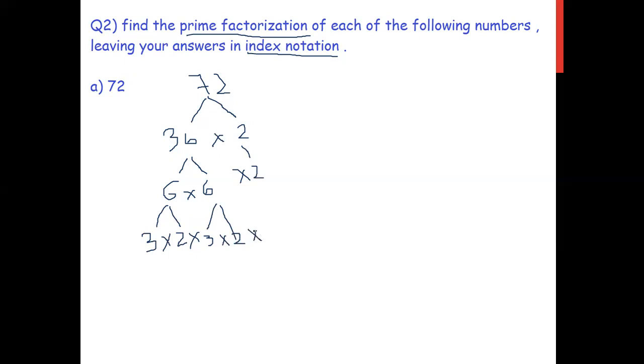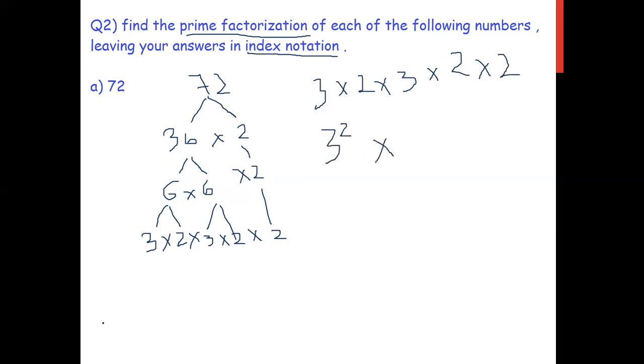So now let's multiply. Let's take this 2 here. Now we have these prime factors, so we will write 3 multiplied by 2 multiplied by 3 multiplied by 2 multiplied by 2. How many 3s are there? 2, so 3 to the power 2.